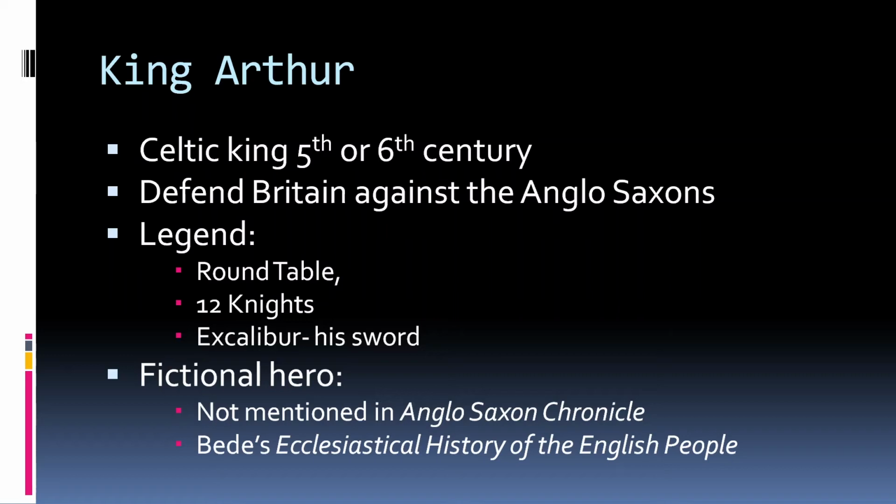Arthur is considered to be a legend, and he also had some legendary things around him. The first one is the round table in his court, which consists of 12 great knights, and he also seemed to have a sword which is called Excalibur.